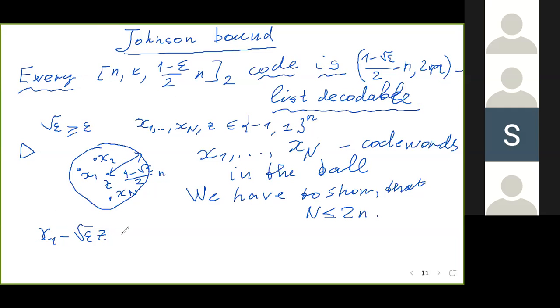So these will be real valued vectors living in R to the n already, not just plus minus 1. And they will be non-zero, of course, because here we have plus minus 1, we subtract something which is less than 1 from them, so we can't obtain 0.